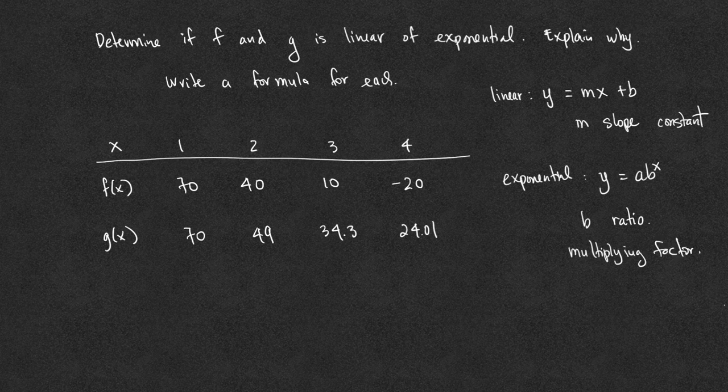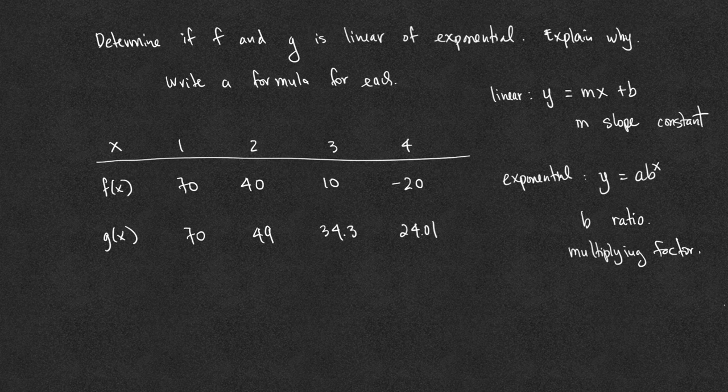And so, to identify linear or exponential, we just simply want to know whether for the same increment in the x, in this case, x increased by 1 each time, we want to know whether the y value of the function is increasing by a constant number, or is it being multiplied by the same number?